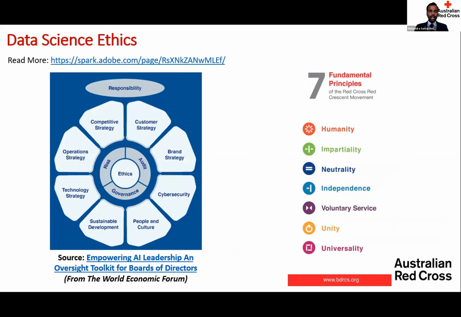The data strategy defines not only data science but also data governance, and it's a full spectrum. Cyber security also plays a role in this journey. Risk management, audit, governance, and technology are all part of that.